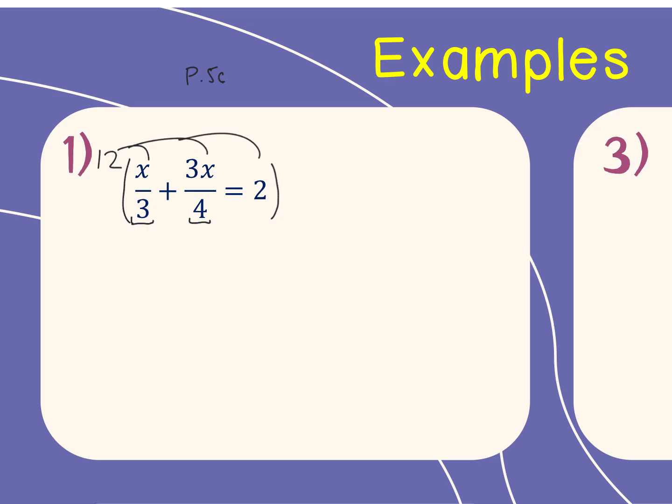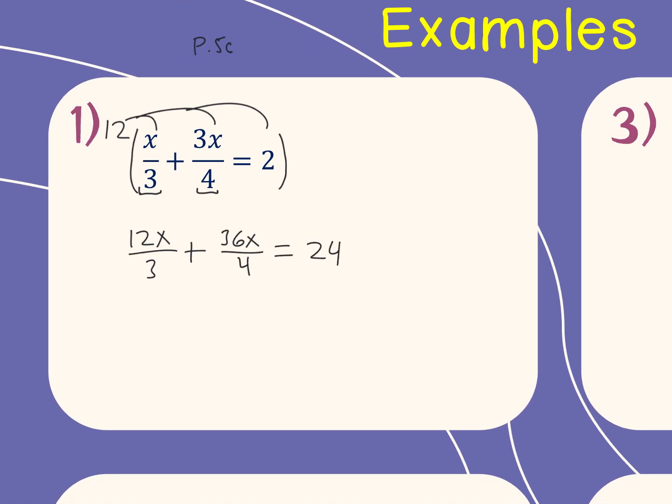So I can take that 12 and distribute it to every part of this equation. Doing that, I get 12 times x over 3 plus 12 times 3x over 4 equals 12 times 2, which is 24.